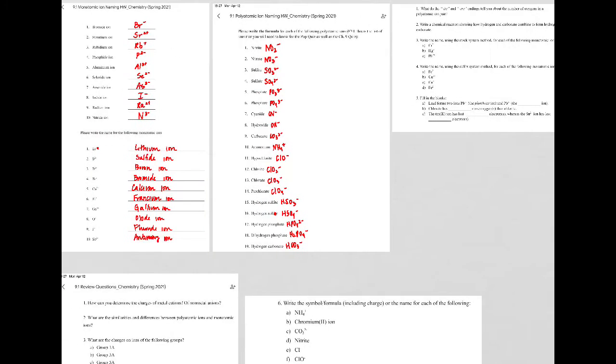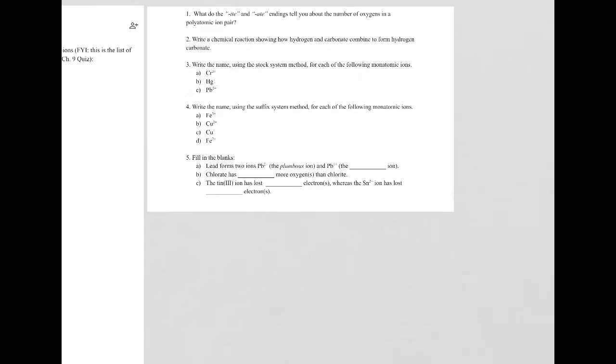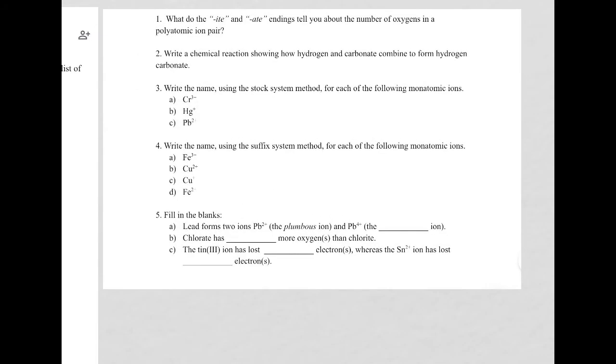And then we have hydrogen carbonate, which is carbonate, but now with a hydrogen and one more charge. All right, so there we go. That was it for that homework. Oh, no, there's more questions over here. Just kidding.